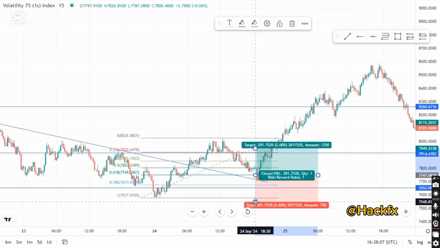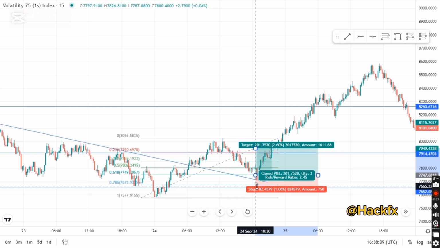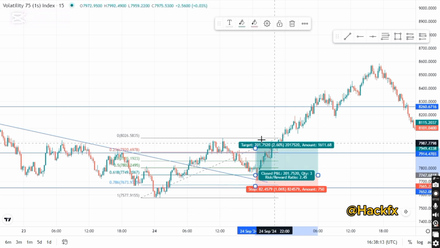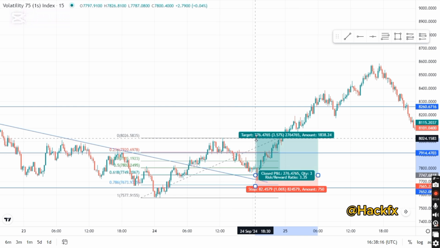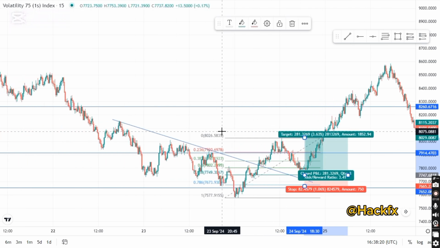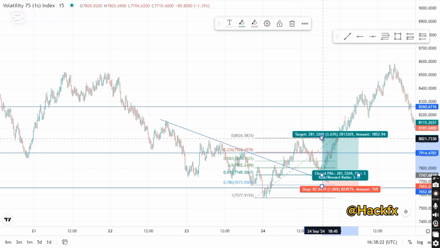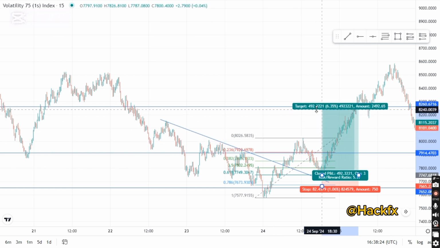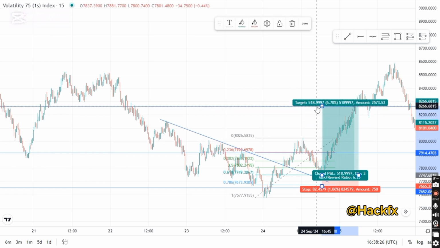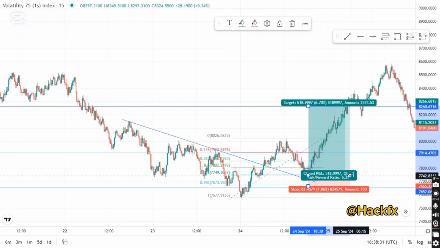Take your entry there, put your stop loss just below 78.6, and your TP1 is going to be at the previous high. Take your TP2 at the next high if you wish, but TP1 should be here, then maybe TP2 at this point.